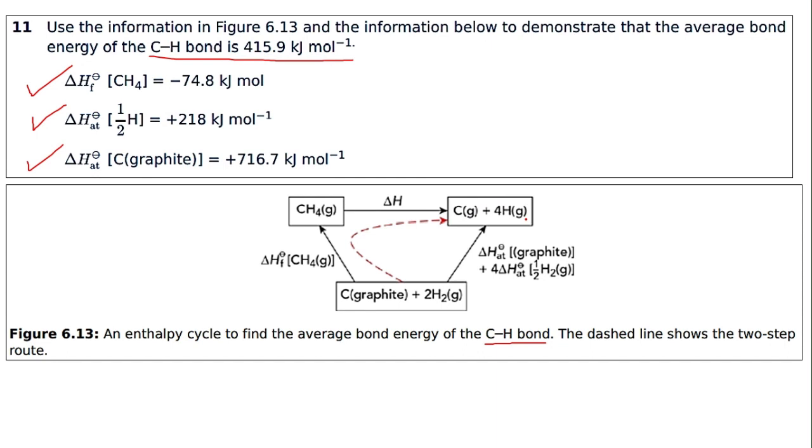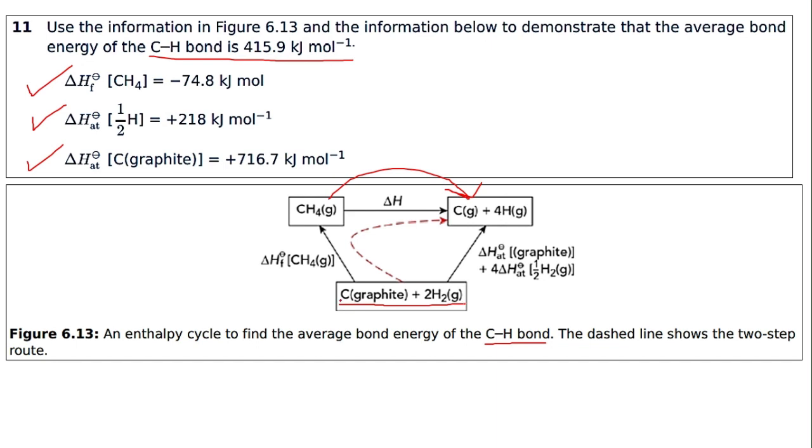But these are not the standard elements right now, because hydrogen doesn't exist as hydrogen, it exists as H2. So here the CH4 bonds are going to break, so it is changing into separate carbon and hydrogens. And here you have the carbon graphite and 2H2 gas. These are the elements in their standard state.